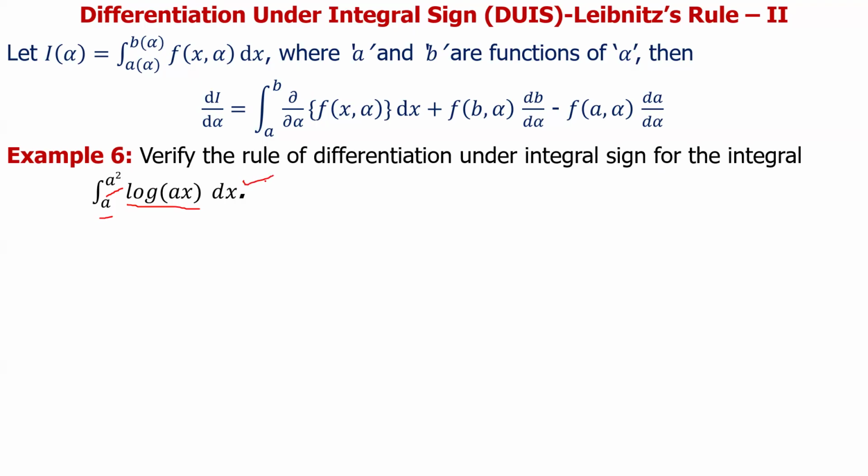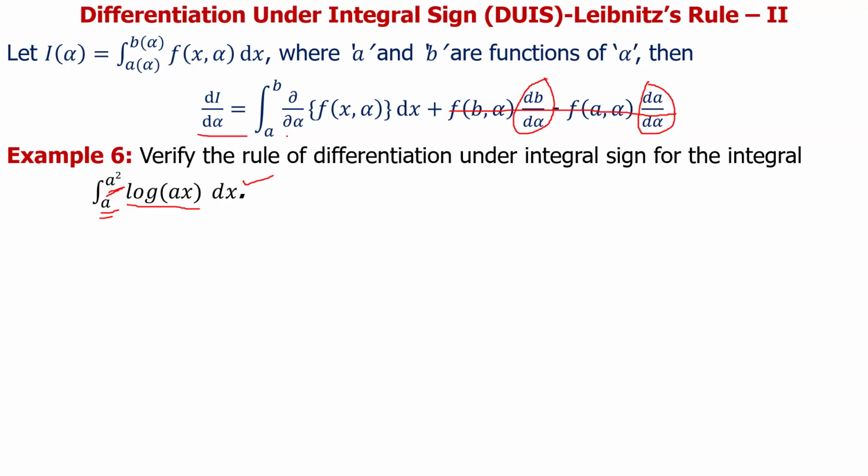Now, this is very clear that if the limit of the integration is constant, then we use integration by parts, and if the limit is constant, what is the derivative of a constant? It will be 0. Similarly, the derivative of the constant in the lower limit also 0. So these two terms will be eliminated if the limits of the integration are constant.